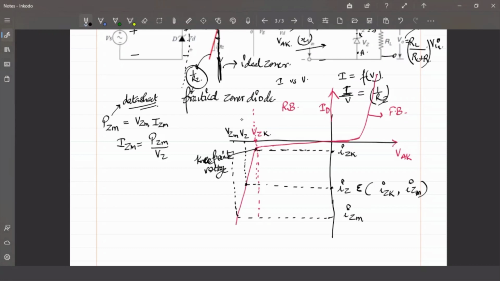Now this VZ maximum, when I have written here, is since I have just drawn it as a variation with a higher slope, but practically it is not this much slope. So generally VZM is very close to VZ. So instead of VZM, I can write VZ, and the maximum power dissipation capability of the device from the data sheet, divided by VZ, gives you the peak value of current of this Zener diode.